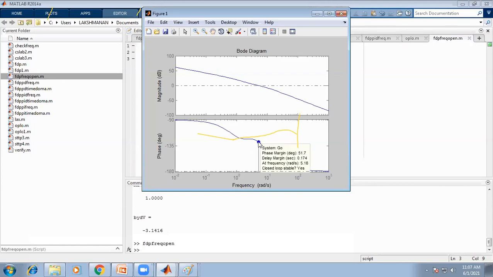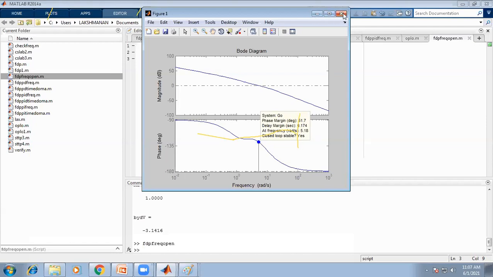The phase margin now indicates 51.7, which is for the open loop transfer function I imported in the program, and omega at frequency in radians is 5.18. So this is the actual phase margin of the open loop transfer function.